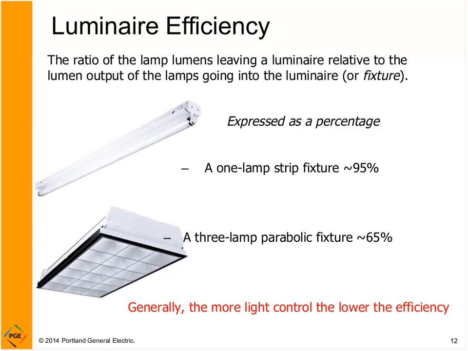And generally, the more light control, the lower the efficiency. One way you can improve a parabolic fixture, and we'll talk about this later, is that you can replace that parabolic louver with a more efficient lens. You could take this very same fixture and improve it from 65 to over 85% efficiency.